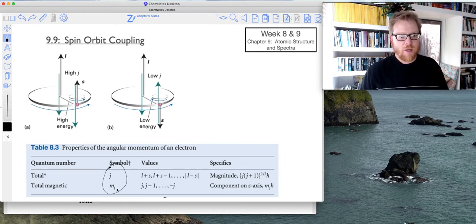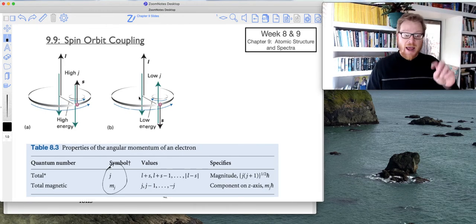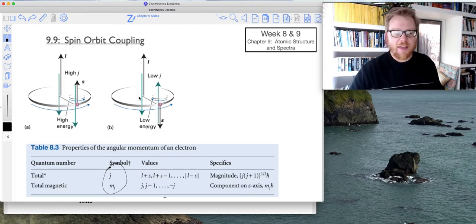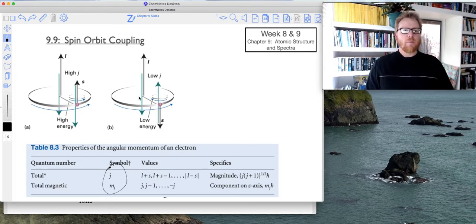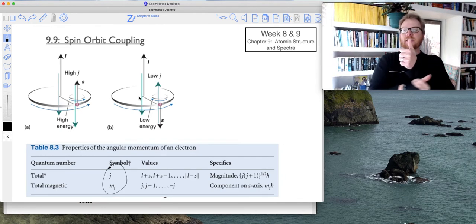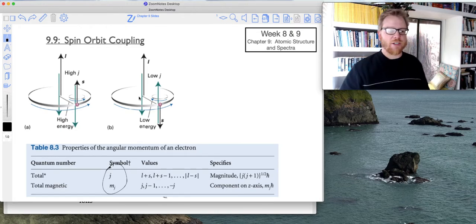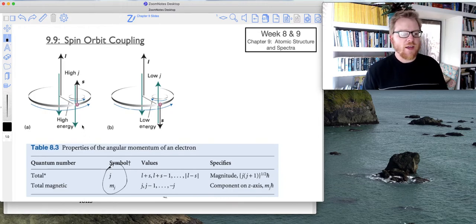mj. For this very simple system that I've highlighted, which is all that we're going to get into in this class, we have a high J and a low J. The high J is given when both the angular momentum and the spin are parallel, so both angular momentums are pointing in the same direction, and there is a resulting magnetic field given by these green arrows.